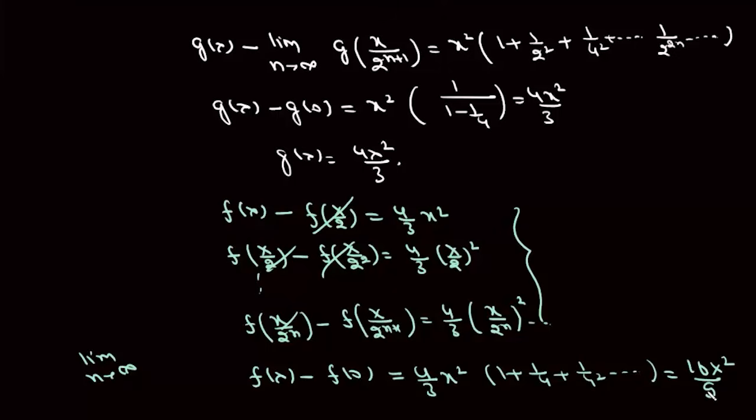So from here we'll get our function f(x), and it'll be 16x²/9 plus f(0).